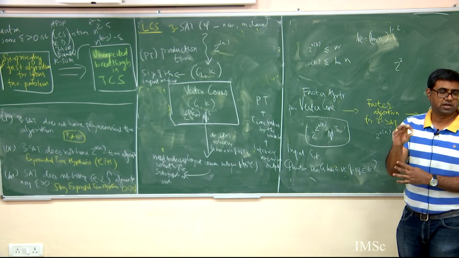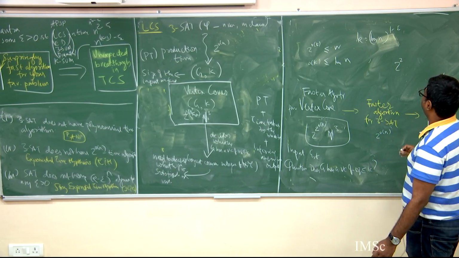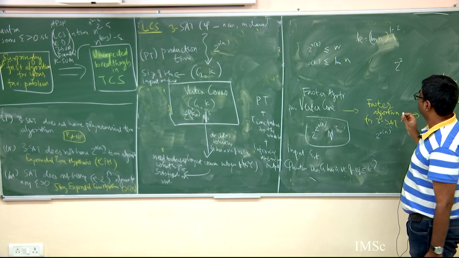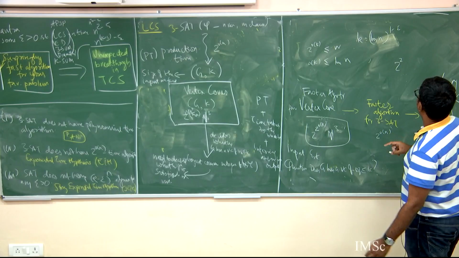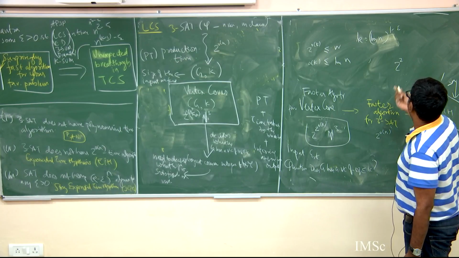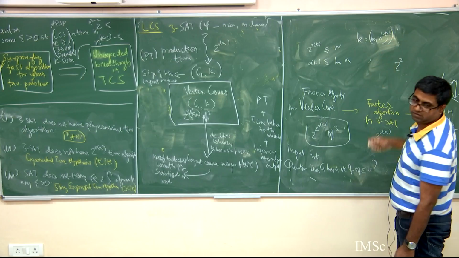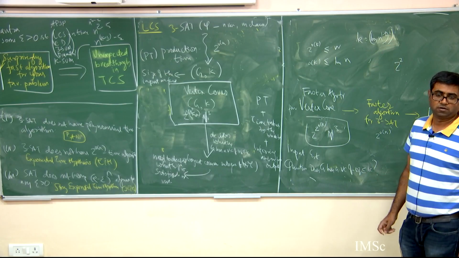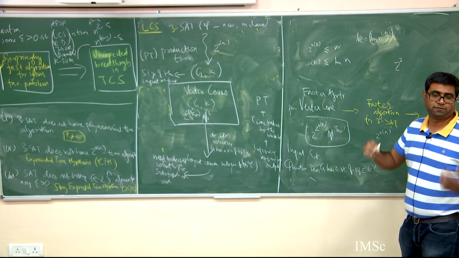This is something like n to the power 1 minus epsilon, because 2 to the power log n is n, right? Rather than saying n to the power 1 minus epsilon, let's say 1 minus epsilon. I think this itself will be great for us. K is like (log n)^(1 minus epsilon).